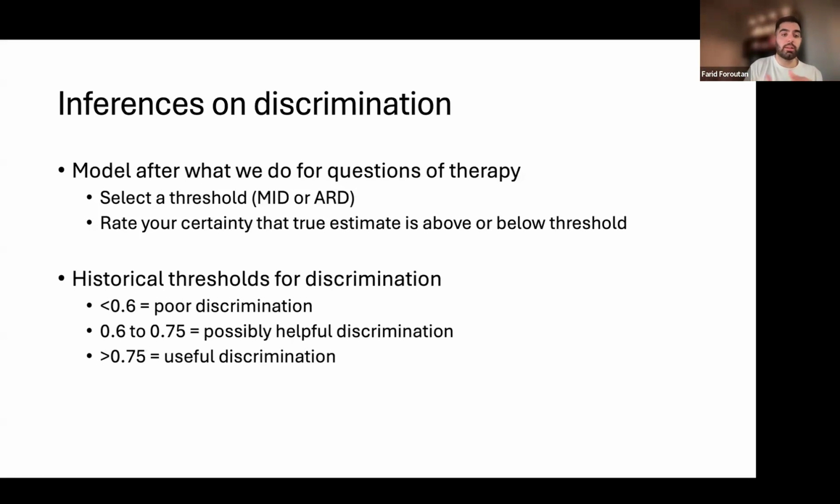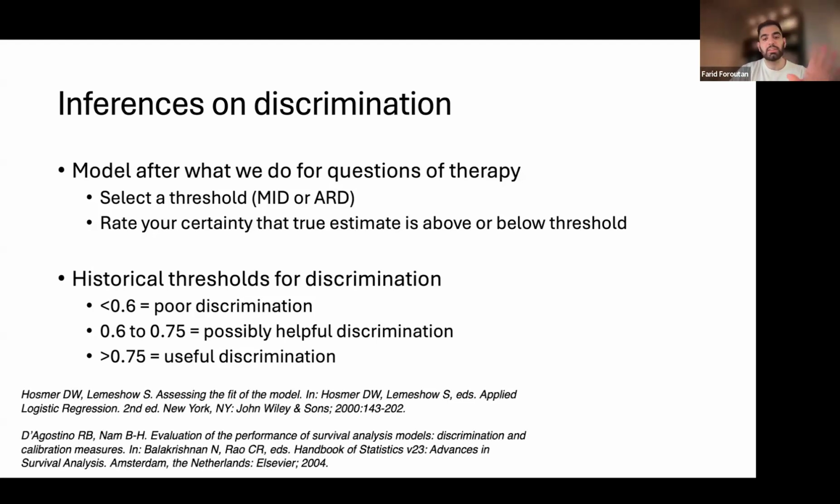Completely arbitrary. They have no meaning or context behind them. It's just something that was put together historically to guide readers and their discomfort with trying to make sense of the measure of discrimination. You can see the textbooks that tend to rely on these. And I'm saying it was completely made up, but they're pretty good statisticians behind these metrics and the thresholds that they're reporting.